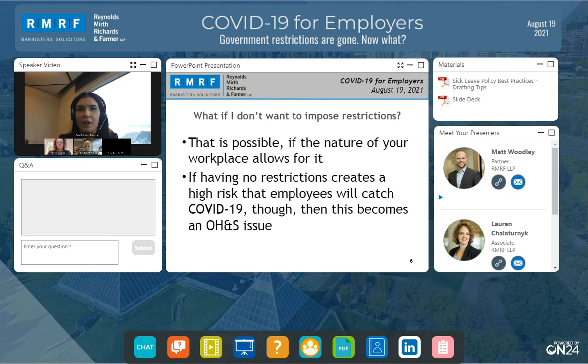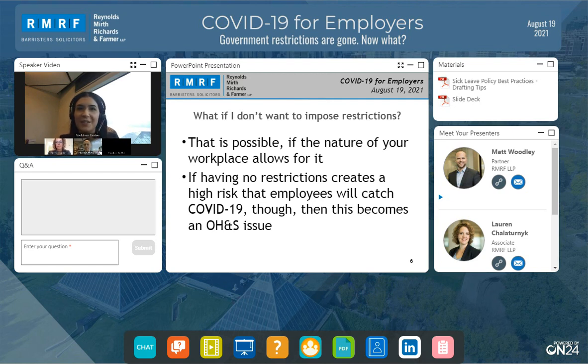For example, if you are in a workplace with a mandatory vaccination policy and your employees have complied with that policy, so you have high vaccination rates in the workplace, that might be a case where you could remove restrictions without any of these difficulties or with less of these difficulties, because the chances of somebody getting seriously ill from COVID-19 in your workplace is much lower than it otherwise would be.